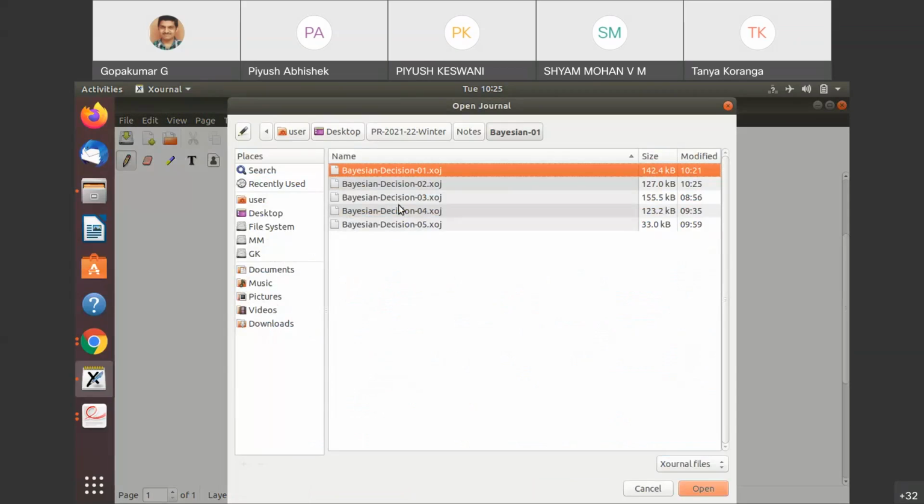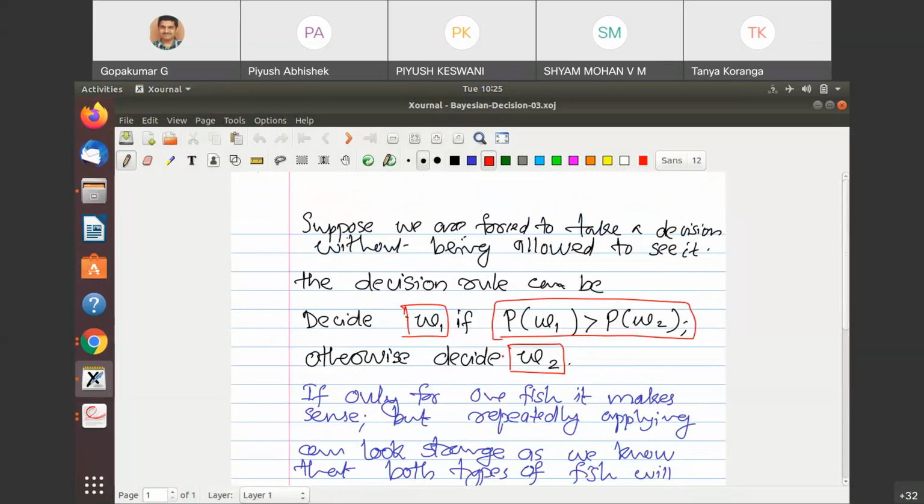Then, suppose without observing any fish at all, you are told to make a decision, or you have to make a model for what the next fish is when it arrives. If we are not allowed to see any fish that arrives, then we can make use of this prior probability and arrive at a decision rule.